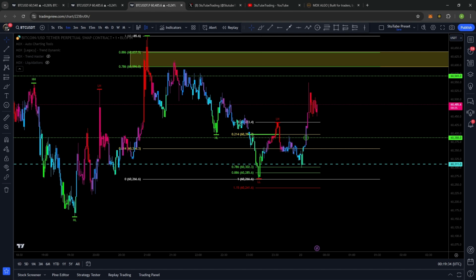Is anyone else in any positions? Just curious how everyone's feeling about the market. Anyone excessively bullish, excessively bearish? Long from 59,351.